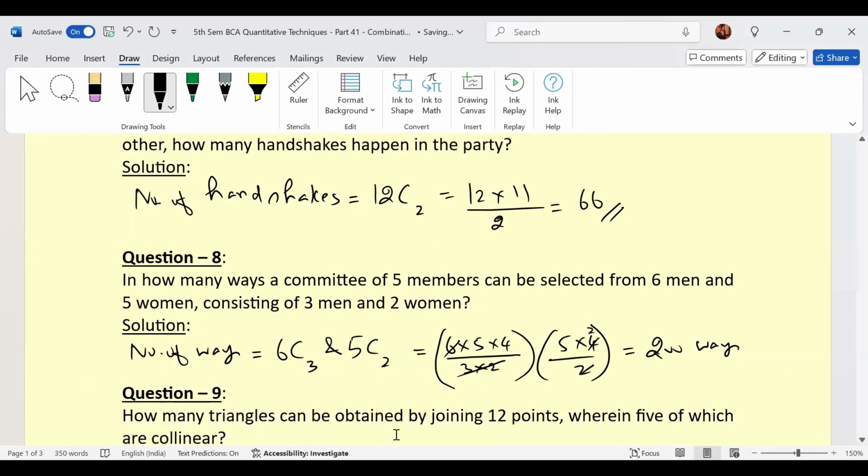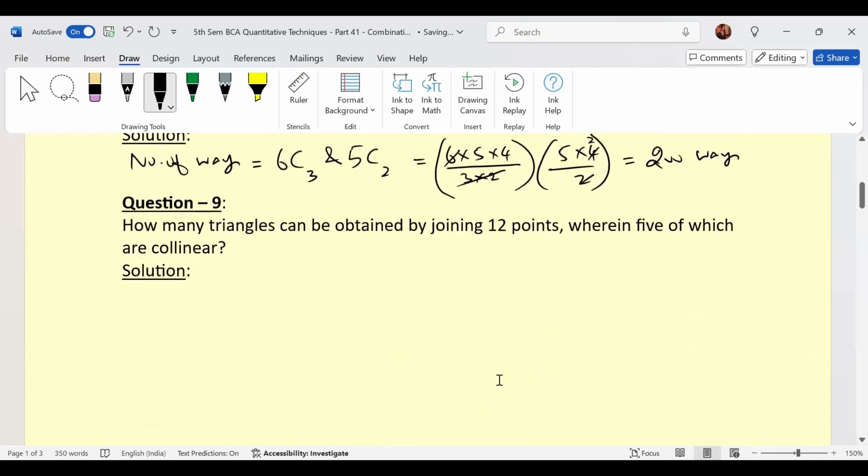Question number 9. How many triangles can be obtained by joining 12 points wherein 5 of which are collinear? First, we will find out, without any restriction, the number of triangles that can be formed from 12 points.